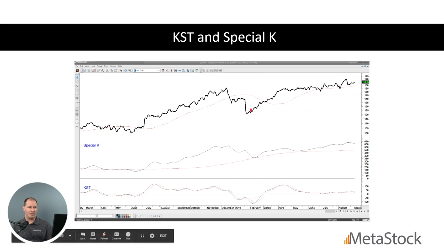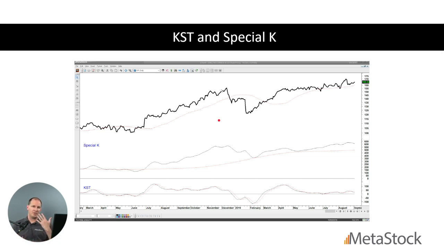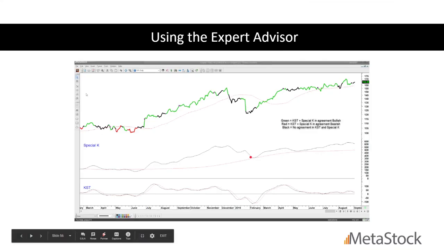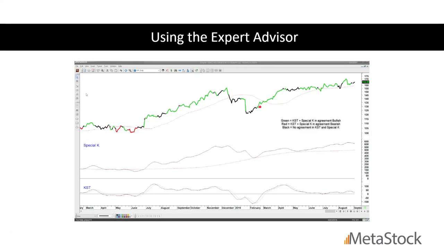So this is a great way to confirm, if you want to, what the Special K is telling you. But the Special K will oftentimes tell you faster because it's not as much of a lagging indicator as the KST is. Okay, so what is included in here, you get the Special K indicator, but there's also an expert that will tell you when you have alignment between the KST and the Special K. So you can go in here, and when it turns green, you have a buy alignment between the Special K and the KST.